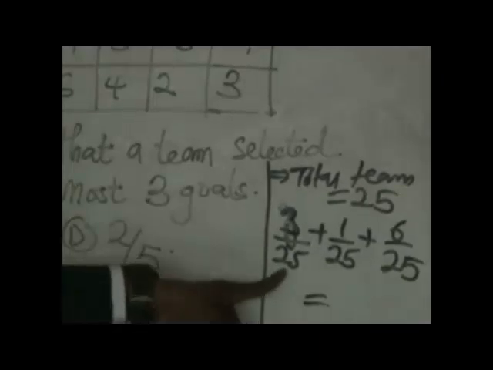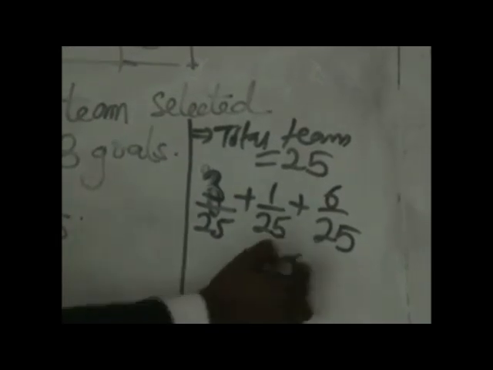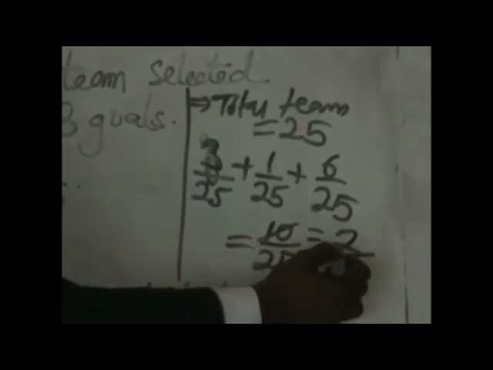So 3 over 25 plus 1 over 25 plus 6 over 25 will give us 10 over 25. You can reduce it by 5. 5 into 10 will give you 2. 5 into 25 will give you 5. So the correct answer for those that scored at most 3 goals is 2 over 5, and our answer is option D.